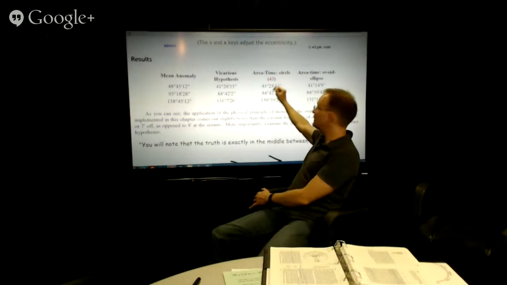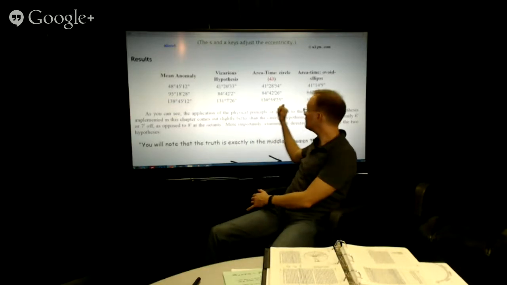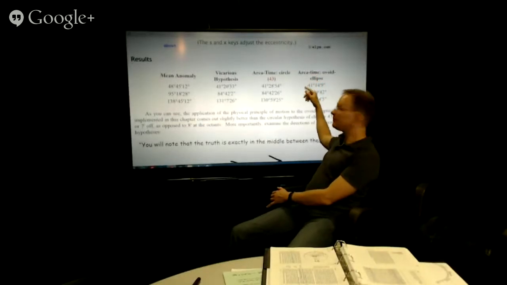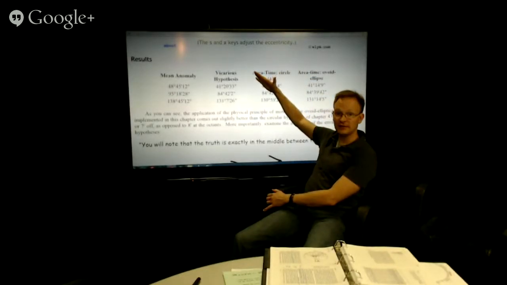Using the circle with area time gave us 4128. Right? The circle is too far ahead at that octant. Using area time with this ellipse, it's 4114. Too slow by the time it's reached the octant.